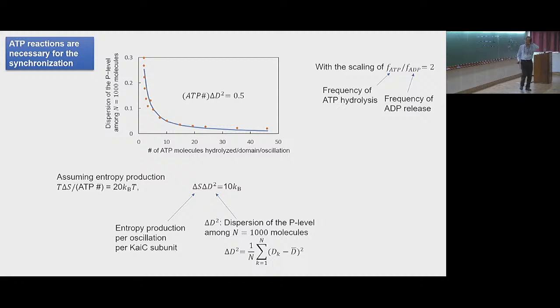So if we assume each ATP consumption releases free energy of, for example, 20 kBT, then the dissipation of free energy, or entropy production, in each cycle multiplied by the dispersion of the oscillations is about 10 kB.